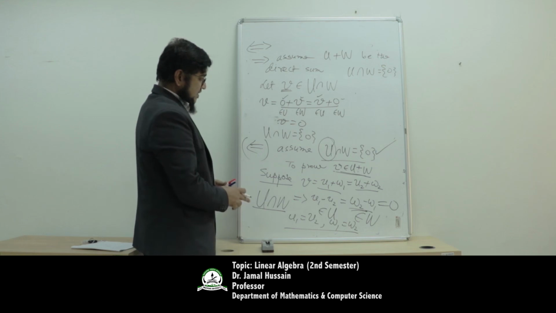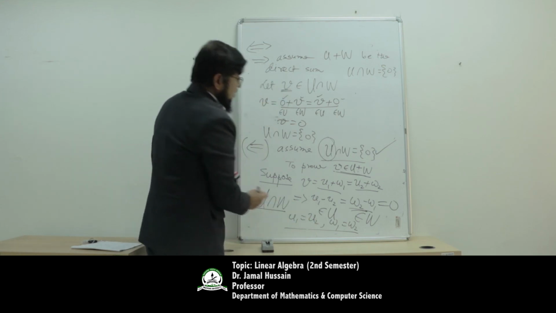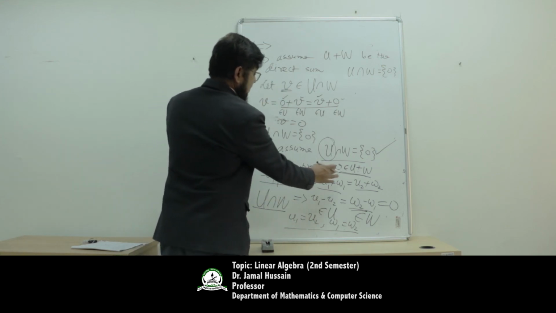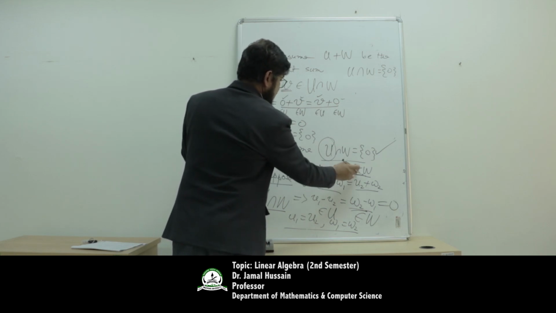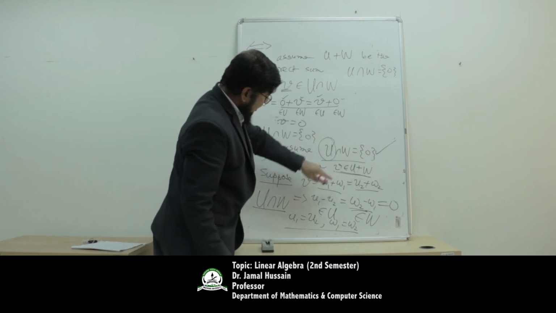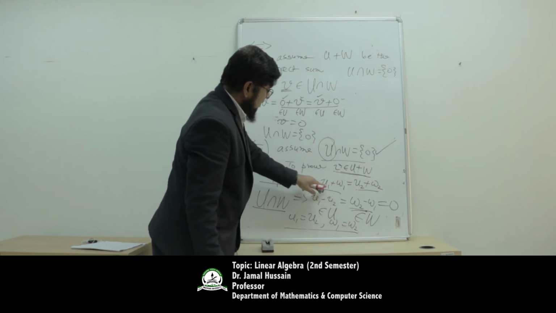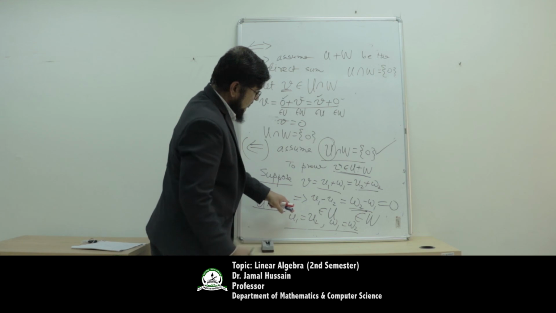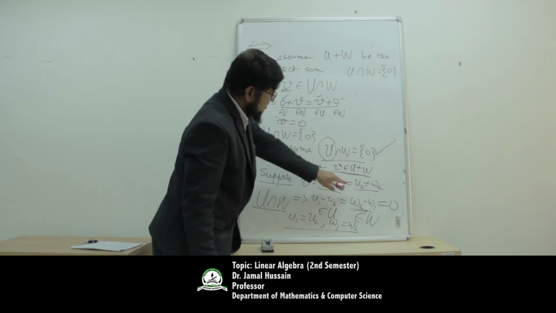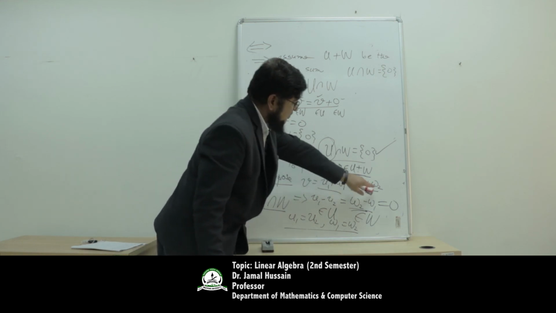So from here you can see what we have proved, the uniqueness of the expression of the vectors in U plus W. If I write two vectors in two different ways, then it is all the same, one and the same, because U1 is the same as U2, W1 is the same as W2.